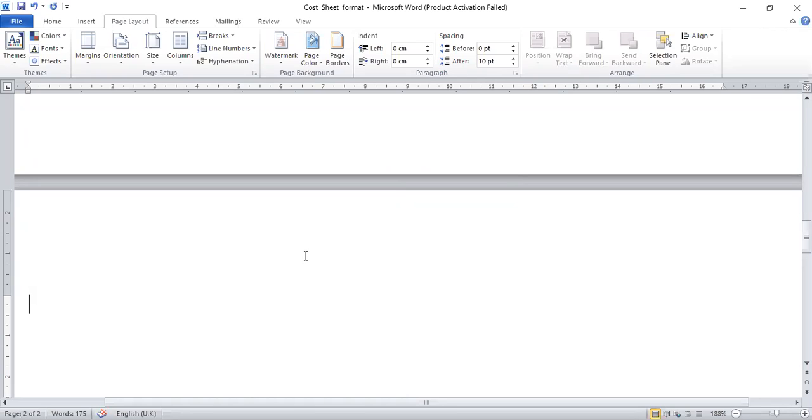Okay, so give the heading as usual, cost sheet for the period of 1st January to 31st January. For the period of 1st January to 31st January, the year is not given, so make it a dash. Number of units produced and number of units sold is also not given, so no need to write.